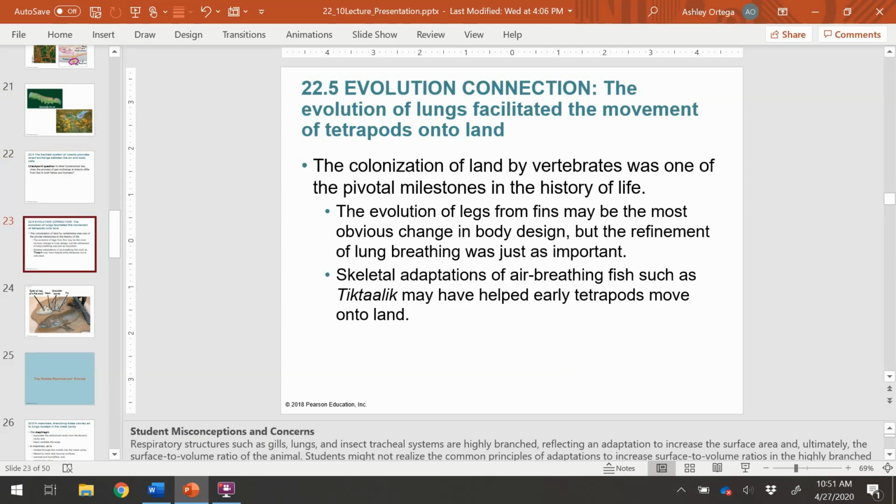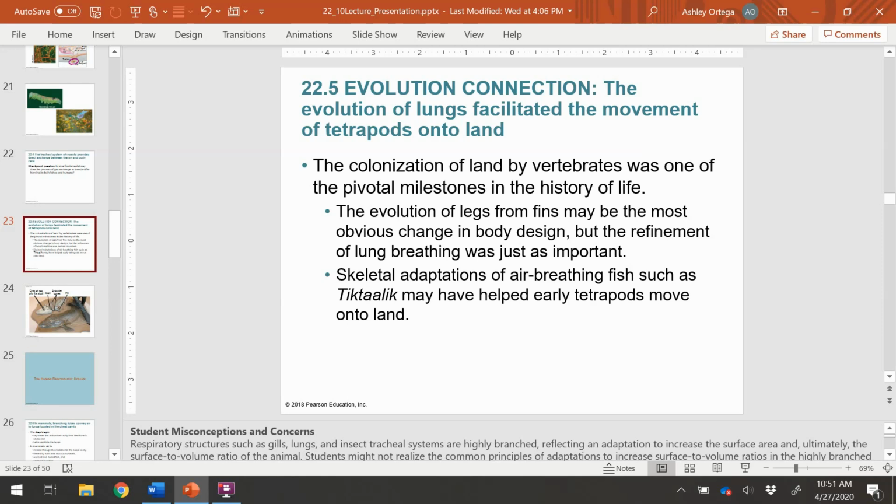Right, and so tying in some evolutionary connections here, the movement of animals from water to land had to facilitate a new gas exchange mechanism of breathing water to breathing air. And so that's a pivotal milestone in the history of life.